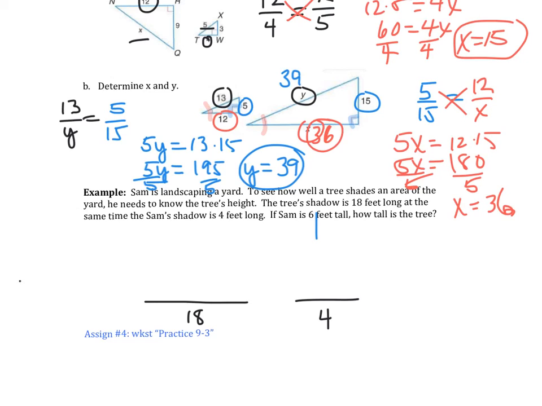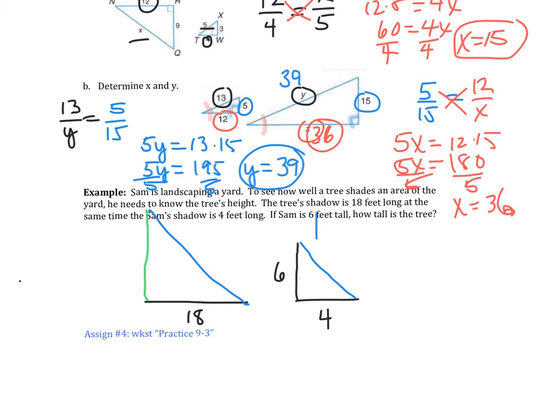So let me draw my tree here. Here's my tree height. And then this is Sam's height over here, and I know Sam is 6 feet tall, so I'm going to put 6 here.